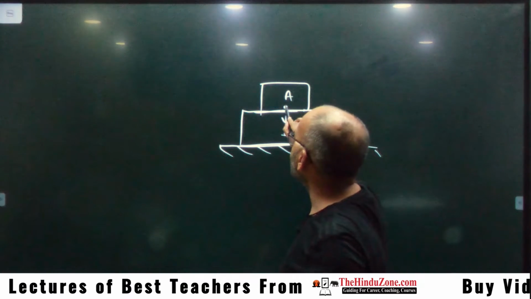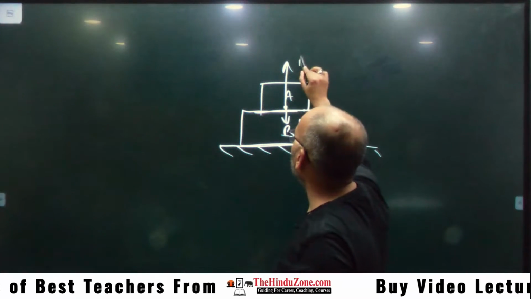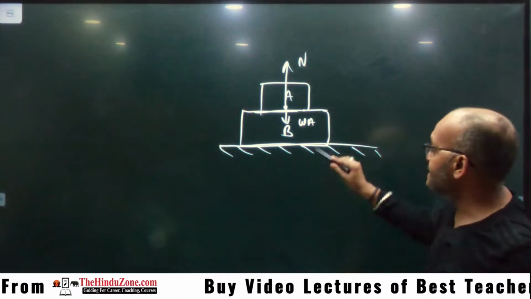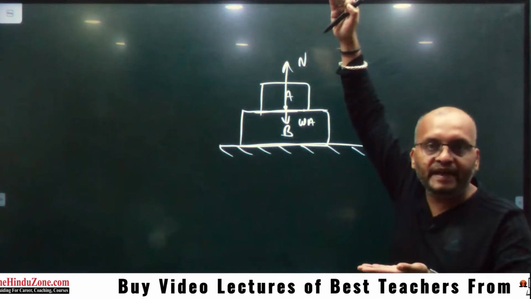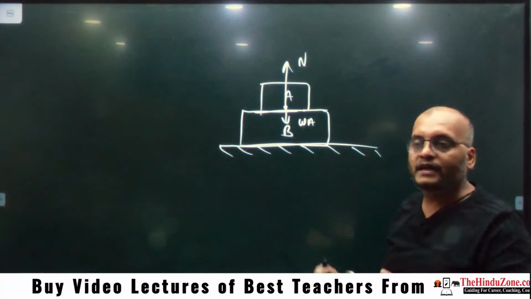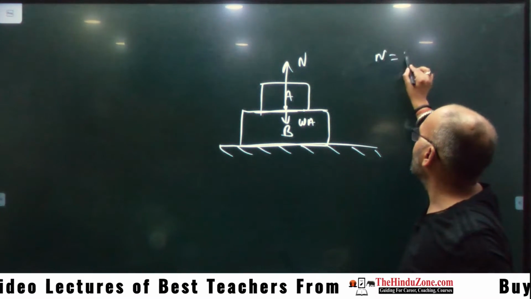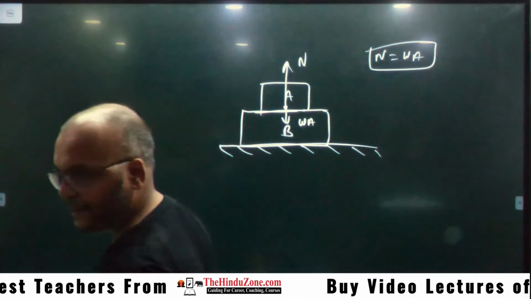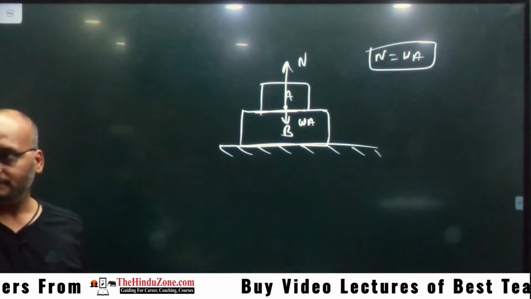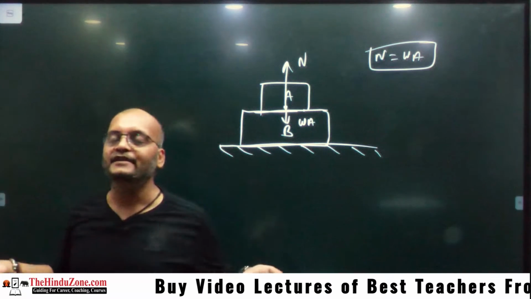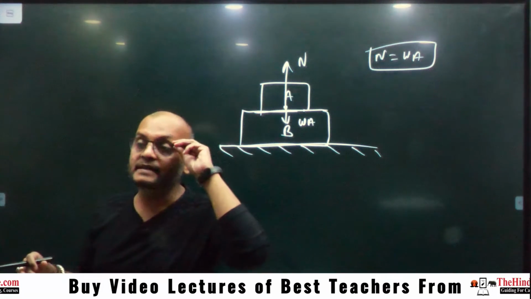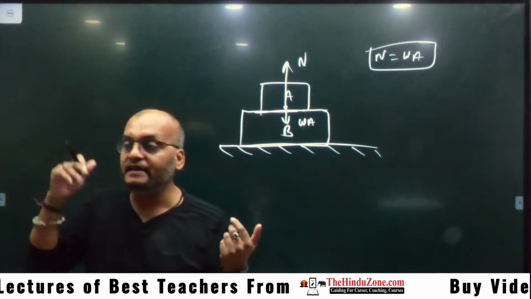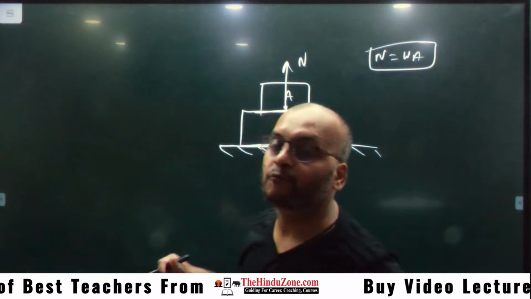That means B is applying some force in the upward direction known as N. N means normal reaction. And since A is neither moving up nor going down, this N and the weight should be equal. Yes or no? N should be equivalent to the weight. It is acting in the opposite direction and it is equal to the weight. That is why the body is not going in the downward direction nor is it moving in the upward direction.